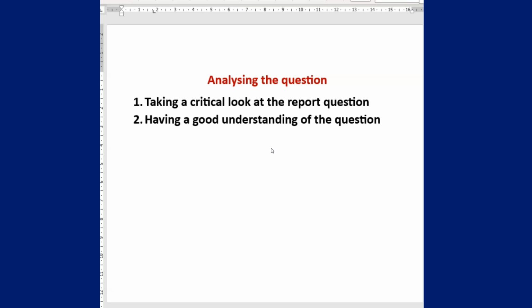Okay, so the examiners need to realize that you have understood the question and that you have written exactly what you are asked. So because of how crucial the analysis is, I will take my time to guide you through all the 7 types of questions and how you can properly analyze without missing any part of the question asked.